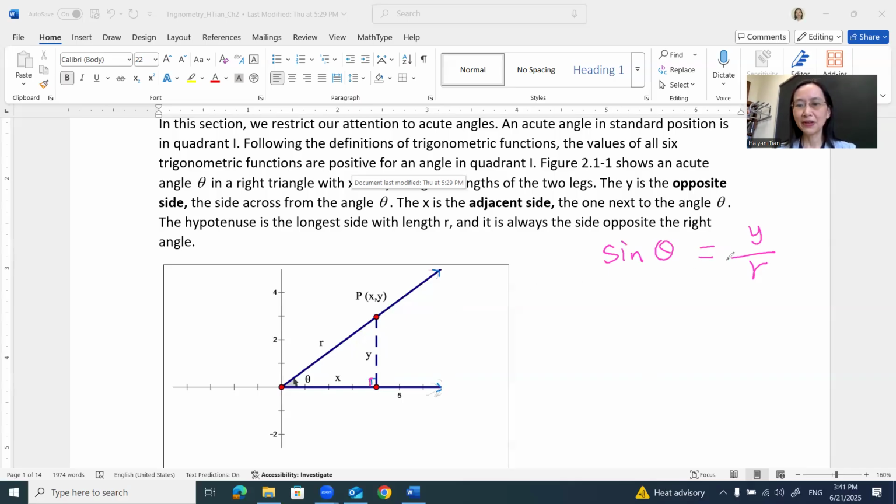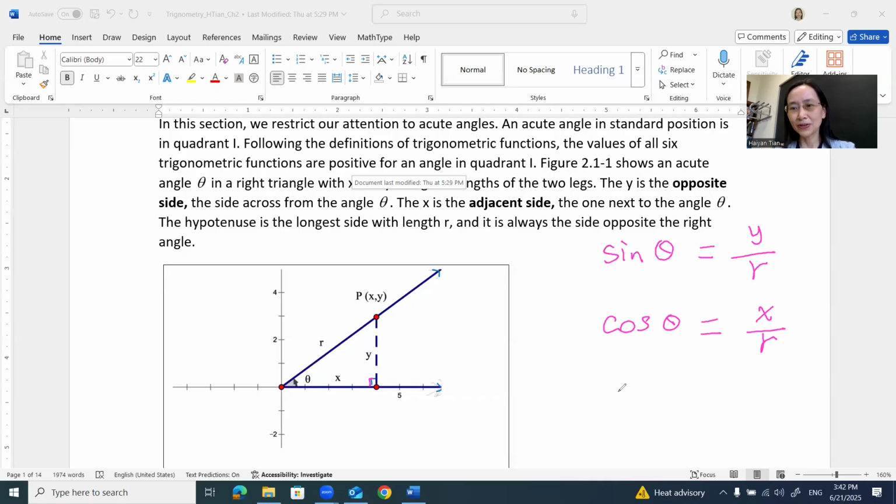So sine theta, by definition, is y over r. R is always positive. So cosine theta, for the same given theta, is x over r. R is positive. But since we know x and y are both positive, therefore the sine value and cosine value are positive.